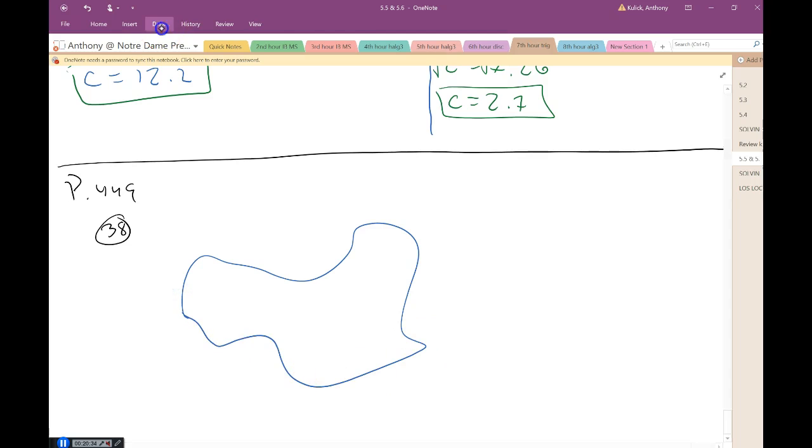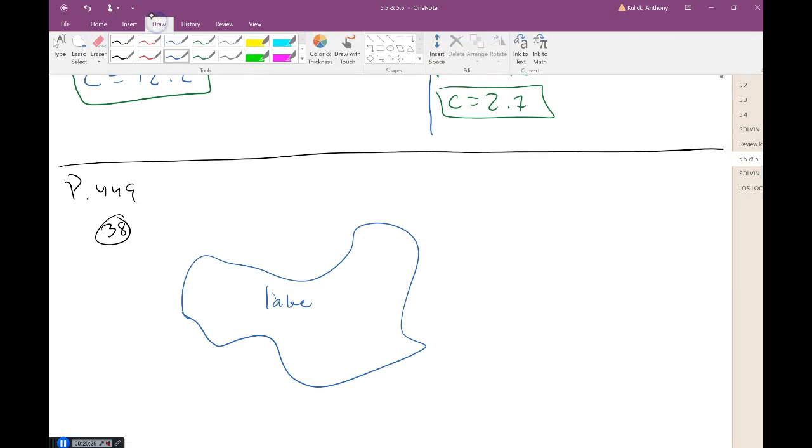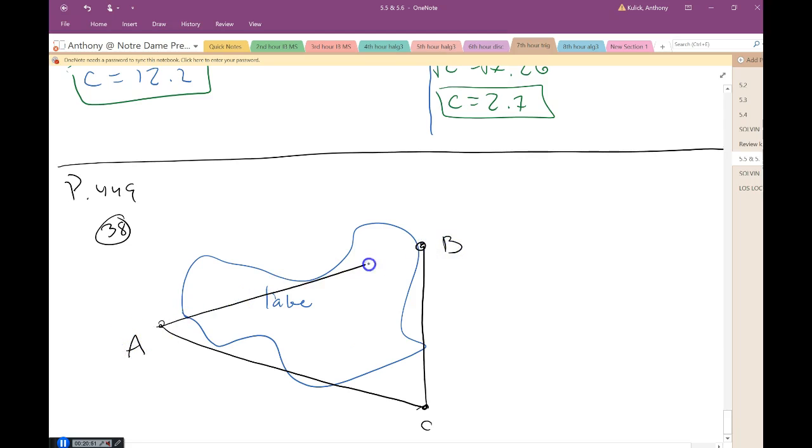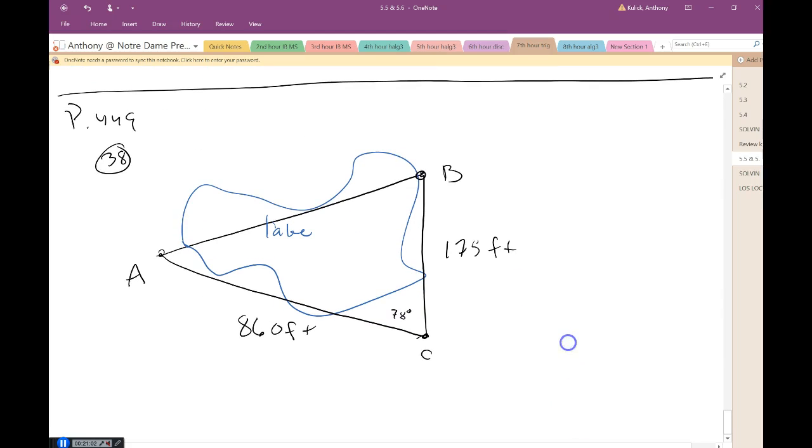So we have some kind of lake here. We know that this is 860 feet, and this is 175 feet, and this is 78. So you're given a picture like this, and it wants us to find this side AB.